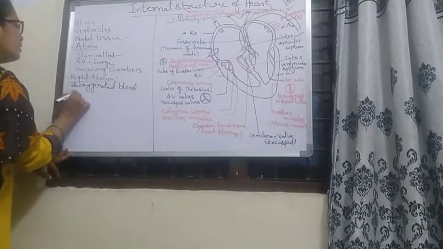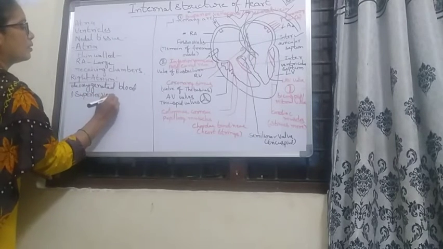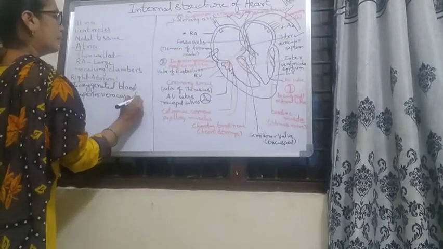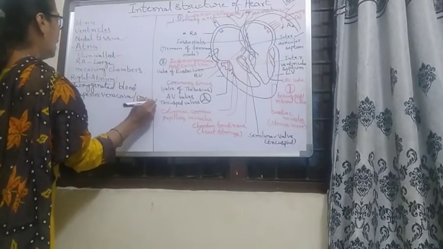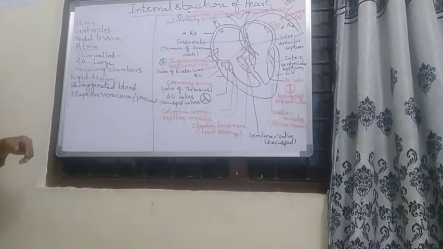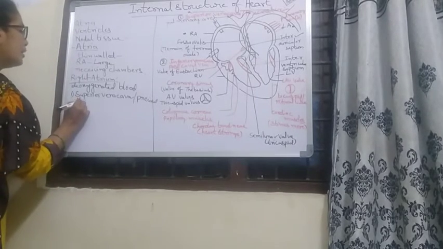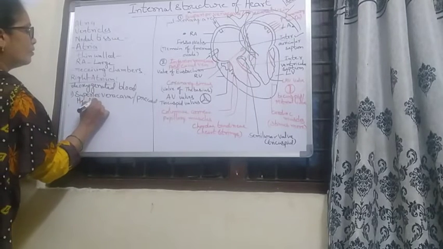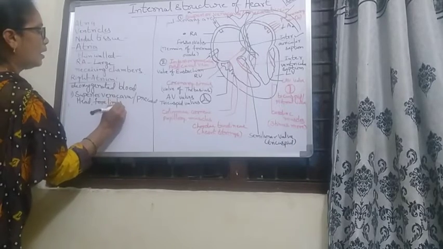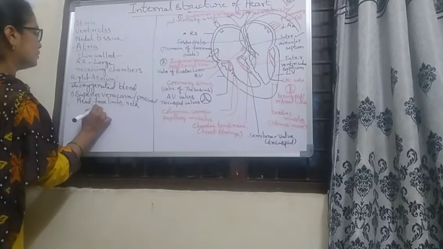First one, the superior vena cava, also called the precaval vein. It receives blood from the head, forelimbs, neck and thoracic part.